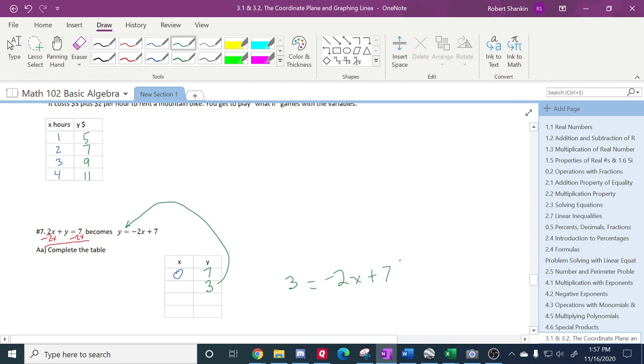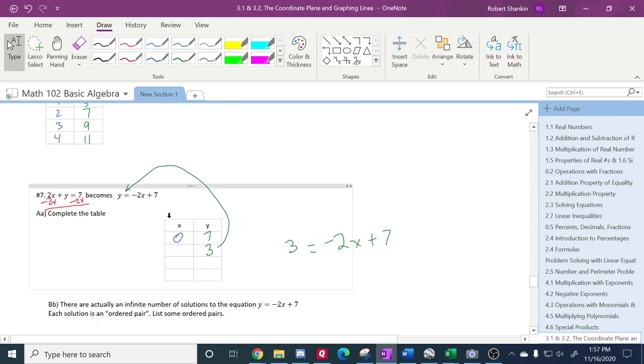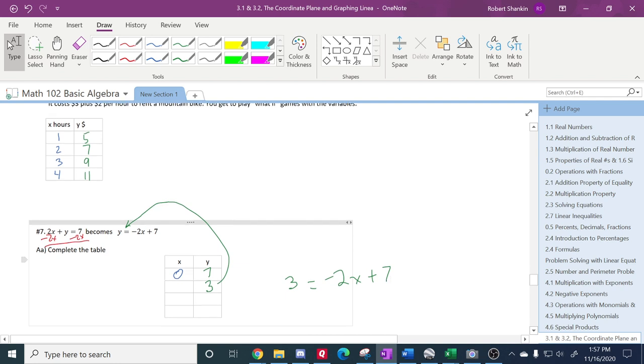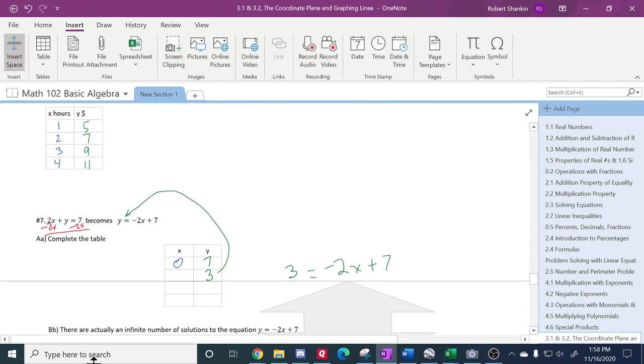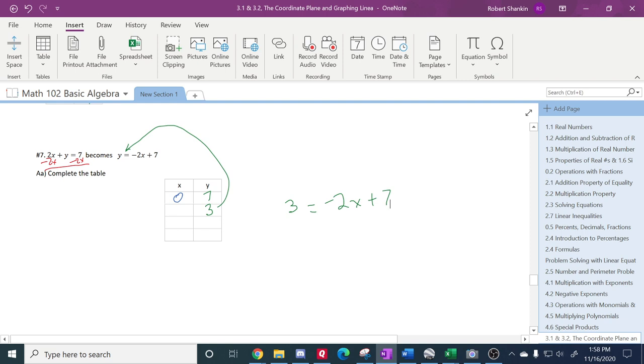It's going to take me a little while to figure out what the x is. Wow, when I plugged in an x value, it kind of just spit out a y value right away. But when I plug in a y value, it takes me a lot of work to get the x value.